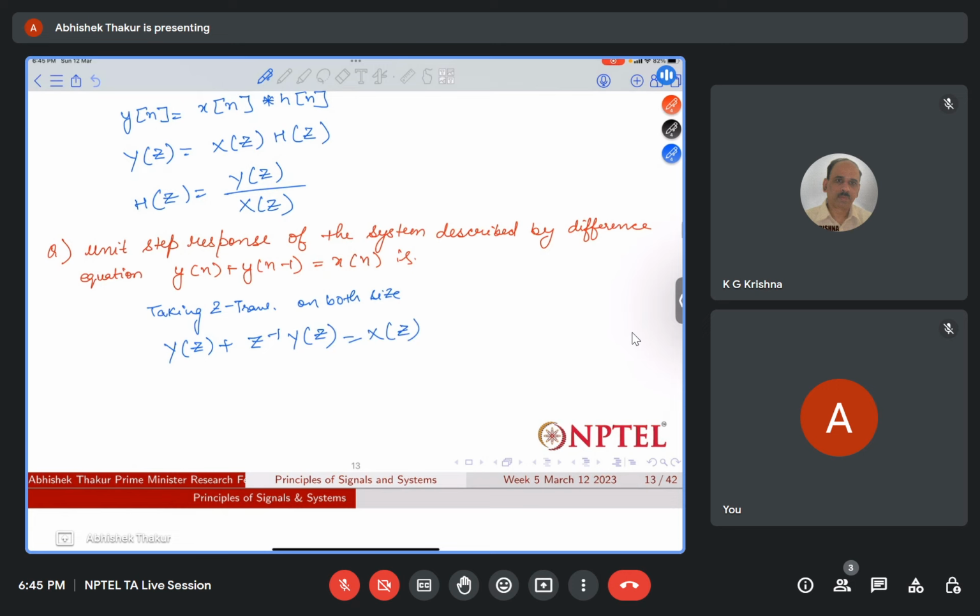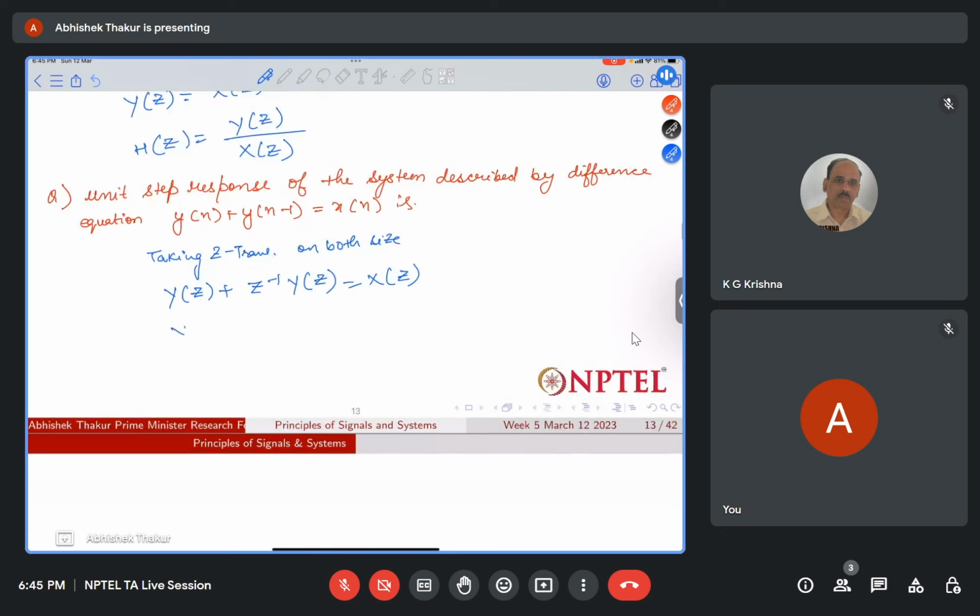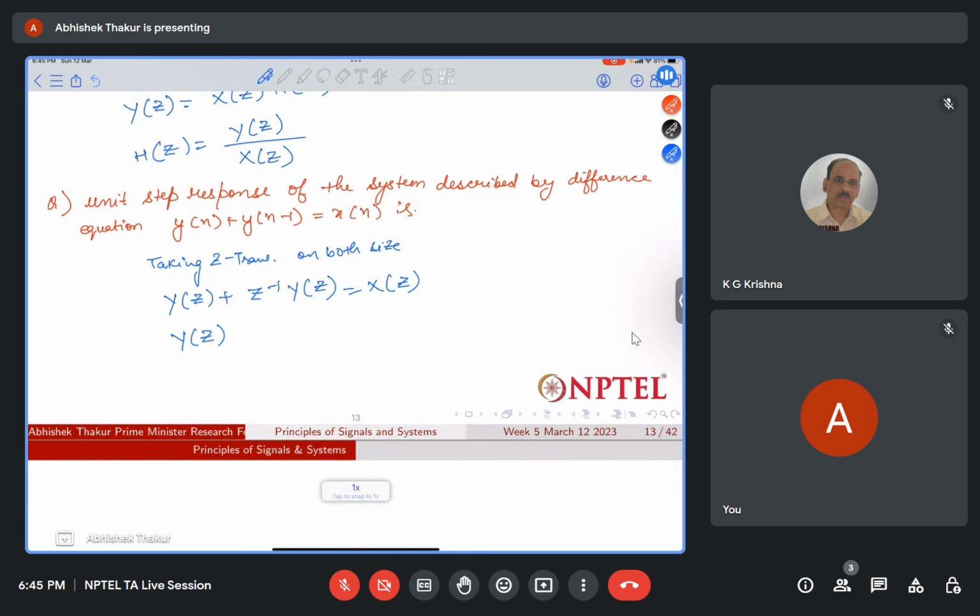Taking Y(z) common, we get Y(z) into 1 plus z inverse equal to X(z). So our transfer function H(z) is equal to Y(z) by X(z), that is 1 by 1 plus z inverse. So this will be z by z plus 1.